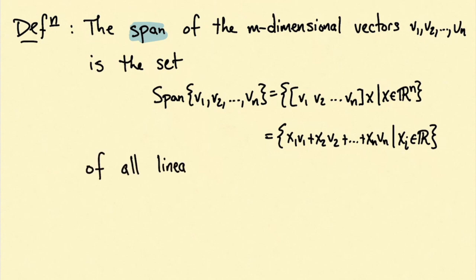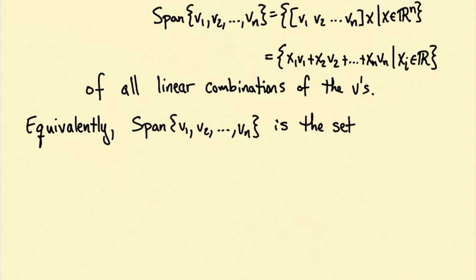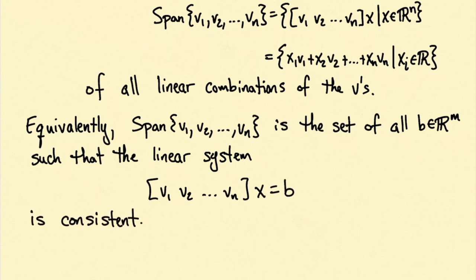So it's the set of all linear combinations of the v's. Now, equivalently, the span is the set of all m-dimensional vectors b such that the system given by the matrix whose columns are v1, v2, down to vn, multiplied by x equals b, is consistent.